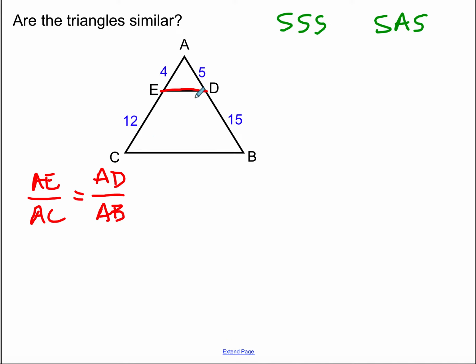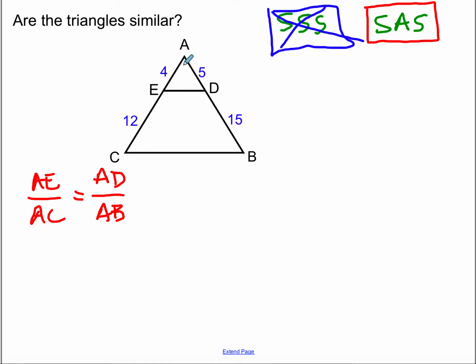You can see we don't know anything about this side, and since we don't know anything about these two sides, we don't know whether they are going to be proportional to these other two sides. So we definitely can't use side proportionality, because we don't know the length of the third side. But we still could use SAS similarity.